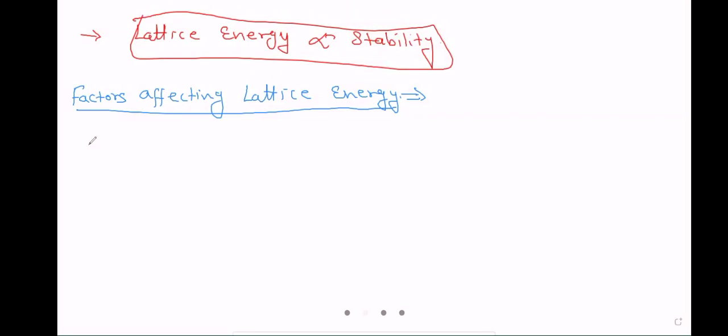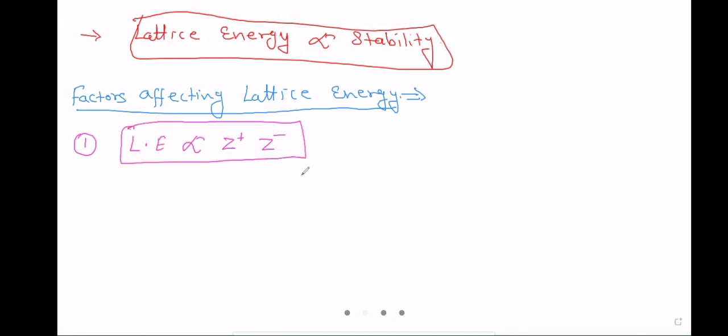Of lattice energy, the first point is that the lattice energy is directly proportional to the charge of the cation and anion. Either you can say Z positive or Z negative. Second, lattice energy is inversely proportional to the radius of either cation or anion.